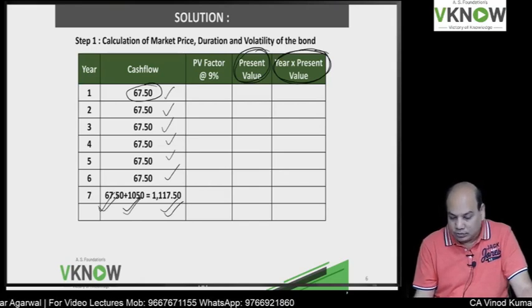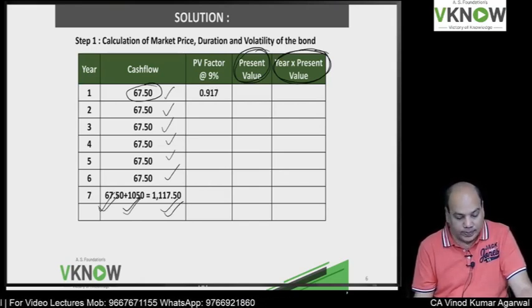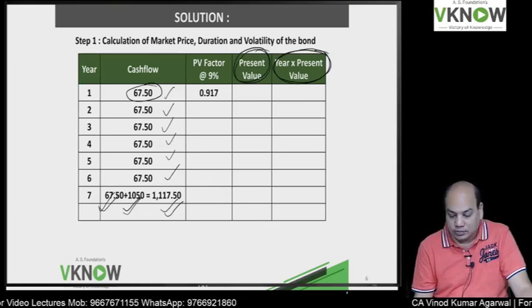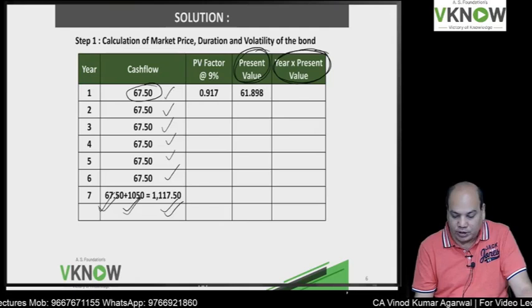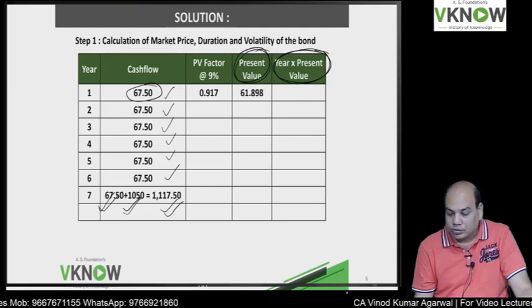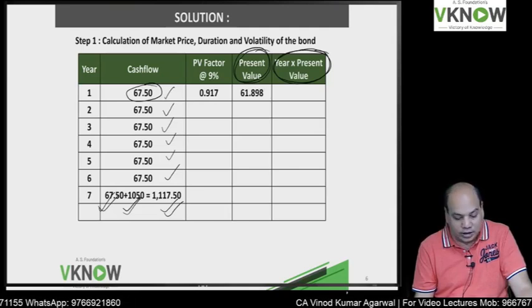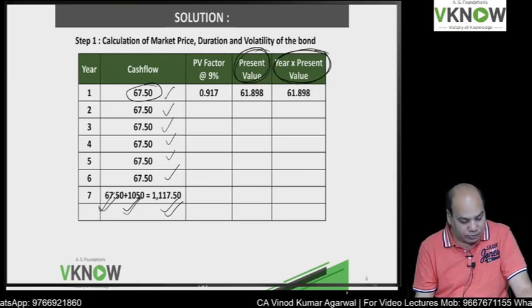So write down factor 1 divided by 1.09, 0.917, then multiply by 67.50, you will get 61.898, right? And then 61.898 multiplied by 1, same figure, 61.898.